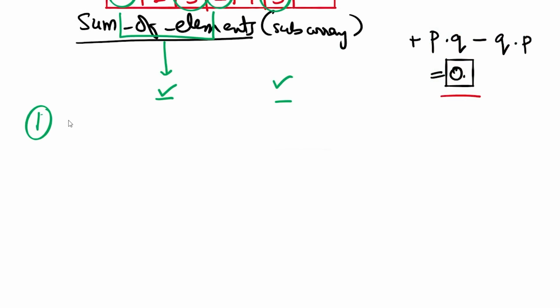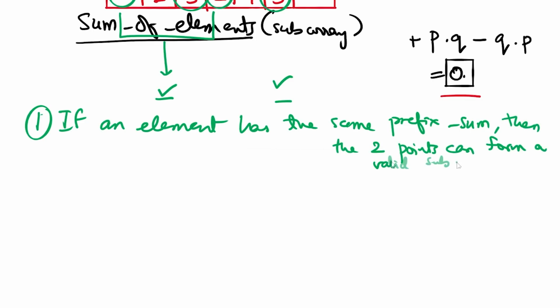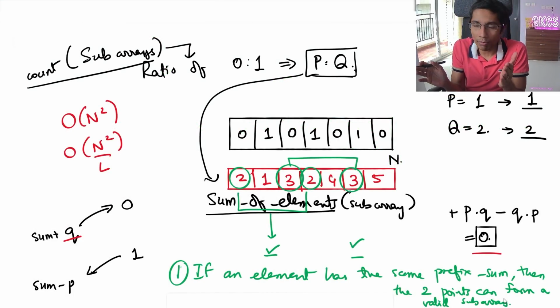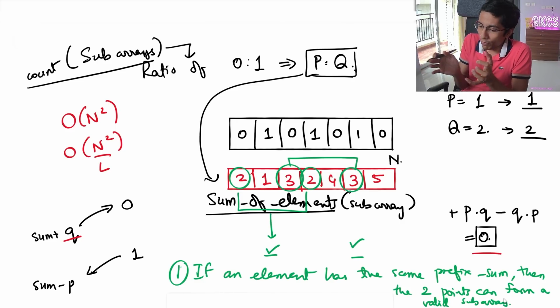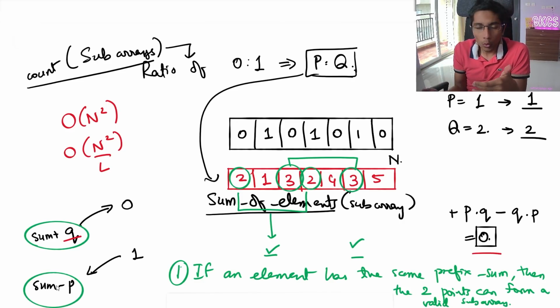So that's the first observation: if elements have the same prefix sum, then the 2 points can form a valid subarray. If you both have the same prefix sum, it means that the difference in sums between you is 0, because you had q ones and p zeros.